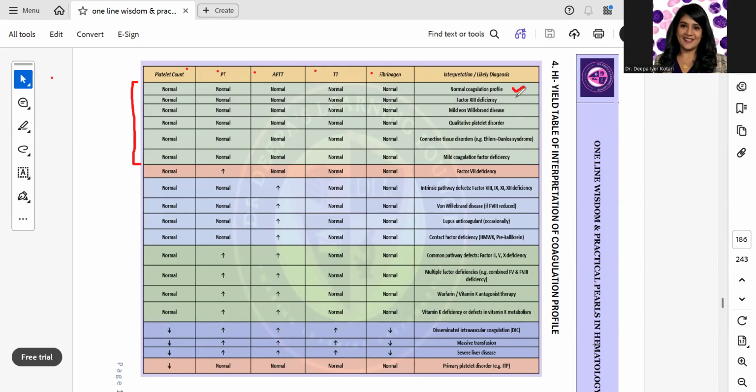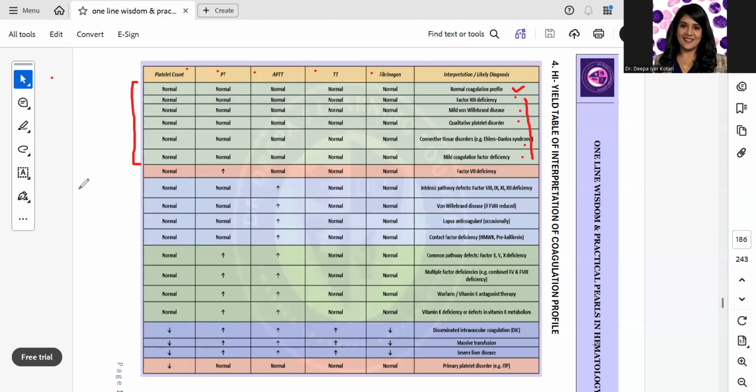The others who can have the same profile include factor 13 deficiency, mild von Willebrand disease, a qualitative platelet disorder, connective tissue disorders like EDS, and a mild coagulation factor deficiency. So in case the patient is having some sort of a bleeding diathesis and all the tests turn out to be normal, then you may have to investigate in line with these likely interpretations on this table.